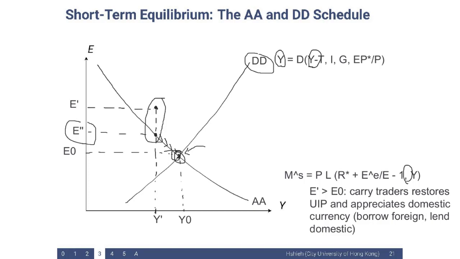When we have higher E, that means foreign deposit rates are less attractive, so they'll borrow foreign and invest in domestic. Carry traders clear the market, or carry traders restore UIP and appreciate the domestic currency. Borrow foreign, lend domestic.